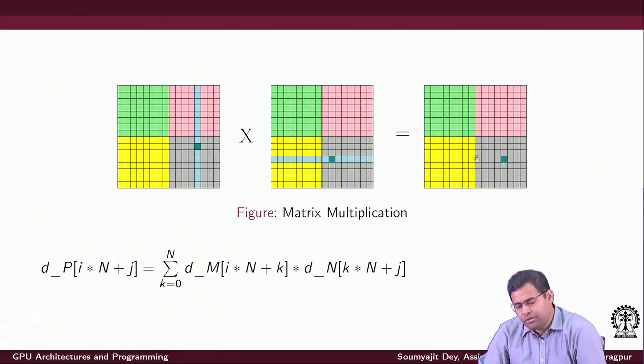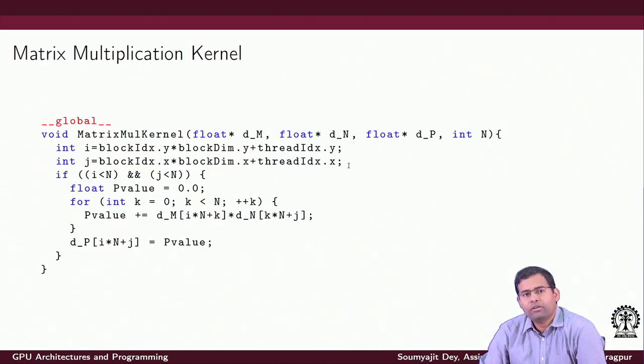So threadIdx.y should be 3, and what is threadIdx.x? That is 0, 1, 2, 3, 4. So that should be 4, right? In that way, looking back, for that thread I can compute the threadIdx.y value and threadIdx.x value.